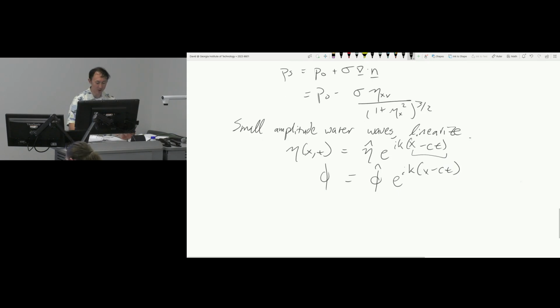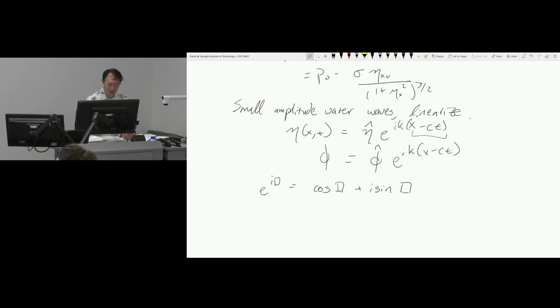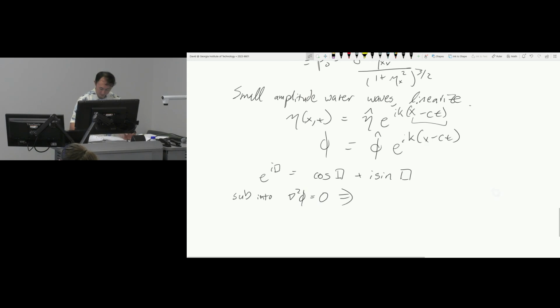This is using the Euler notation. Remember, e to the i z is equal to cosine z plus i sine z. So if you take that and sub into del squared phi is equal to 0, you're going to get phi hat zz minus k squared phi hat is equal to 0.